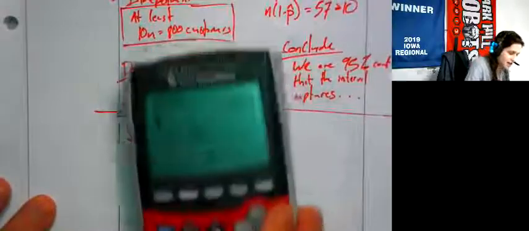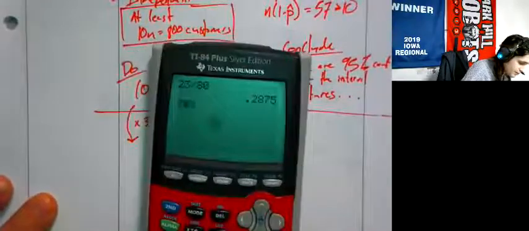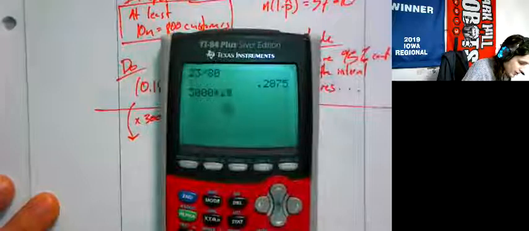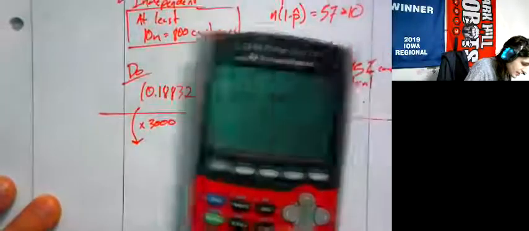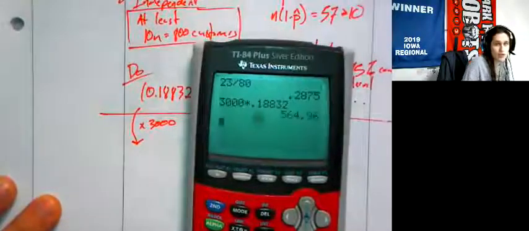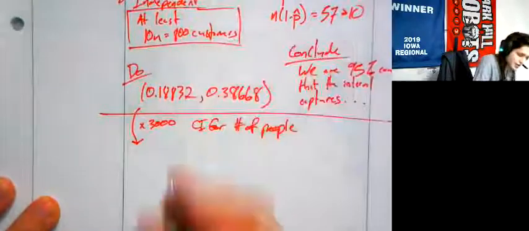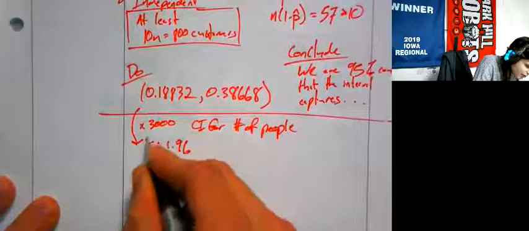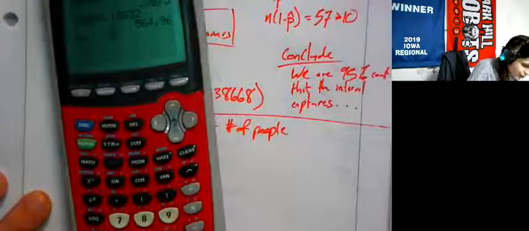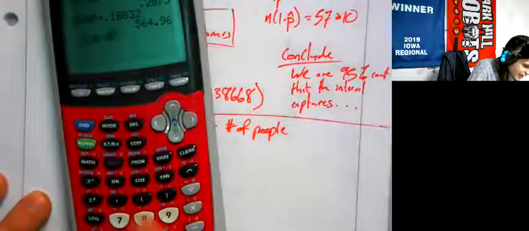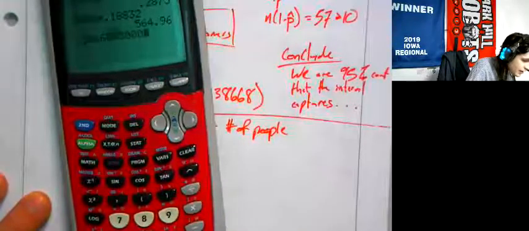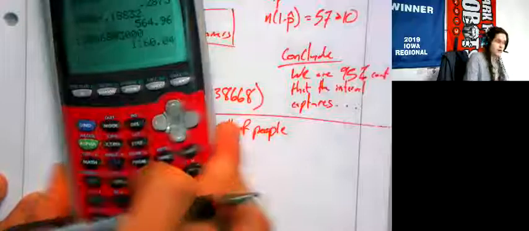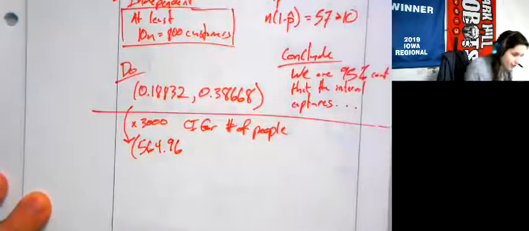When we multiply each side of that interval by 3,000 times 0.18832, we get a lower bound of approximately 564.96 people. Upper bound, 0.38668 times 3,000 is 1,160.04.